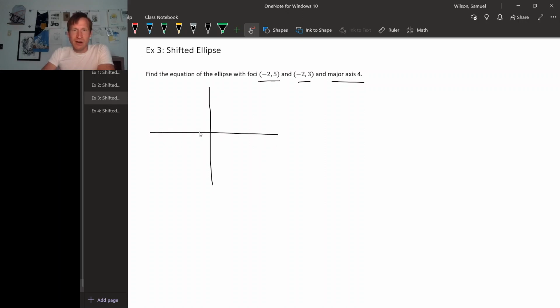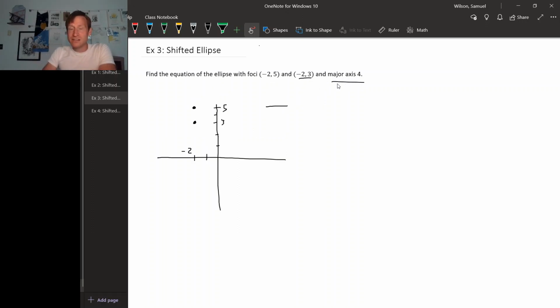The foci are at minus 2, 5, so 1, 2, 3, 4, 5. So there's one of the foci. And minus 2, 3. So there's the other focus. Why don't I move all of this down?